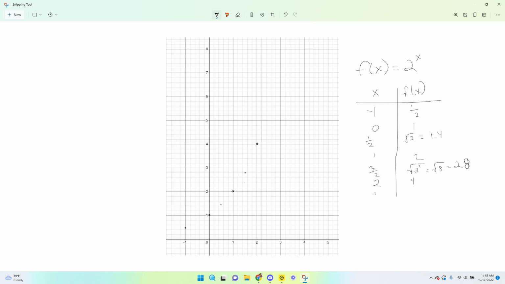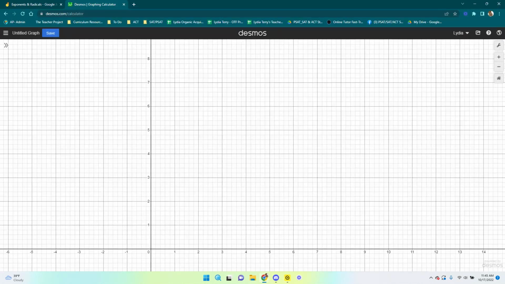And if x is 3, f of x will be 8. This makes, let's see how well I can draw it, this makes an exponential graph. Okay, so let's see if we were right.